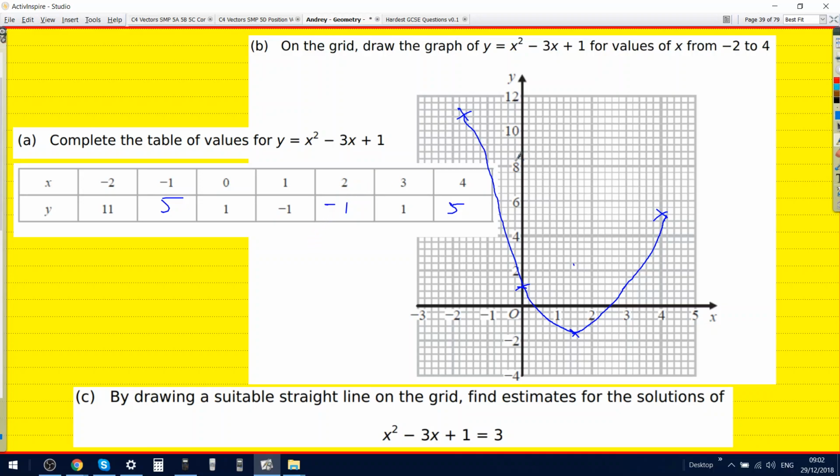So this is y equals x squared minus 3x plus 1. If I was to rearrange this, it would be 3 equals x squared minus 3x plus 1. So how would you solve that?